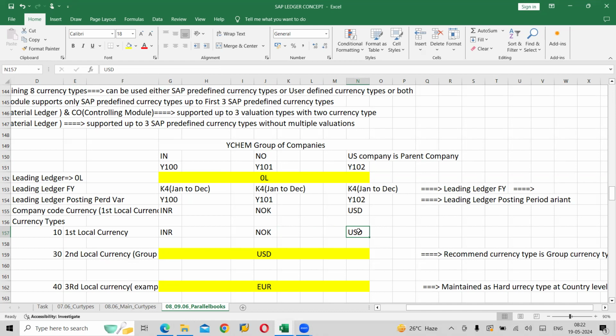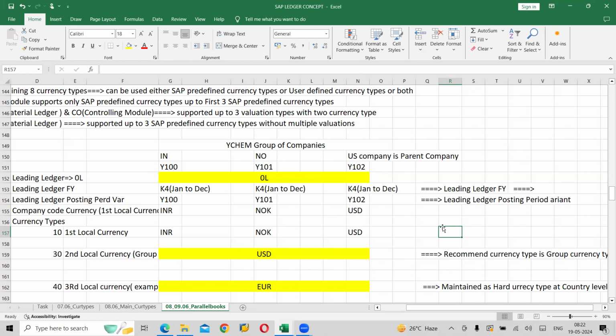So what is my local currency? India is INR, Norway is NOK, and the US company is USD. What do you mean by company code currency? What is the leading ledger's first currency? It is the company code currency, the local currency.